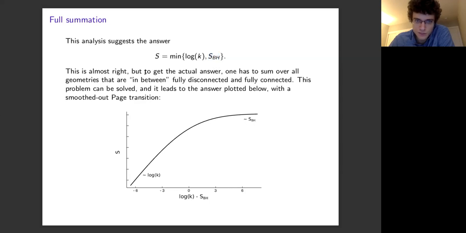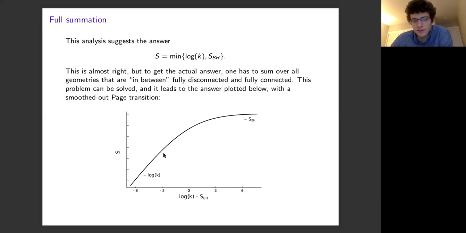And this formula is almost right, but to get the actual answer, you're supposed to sum over all geometries that have intermediate degrees of connectivity. And that problem can be solved, and it leads to this answer. It's a smoothed out transition between log k, that's this linear slope here, and S Bekenstein-Hawking, that's this sort of plateau value here.